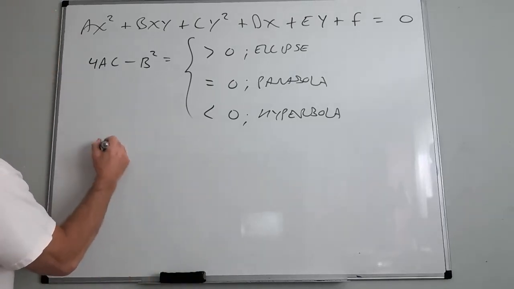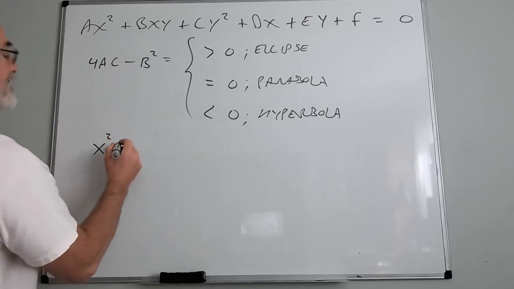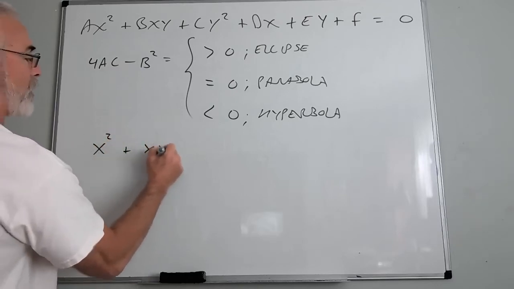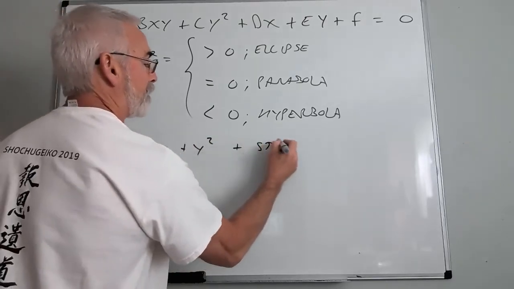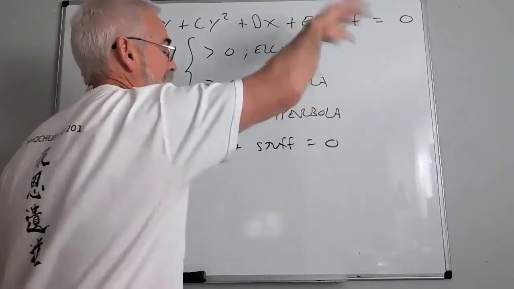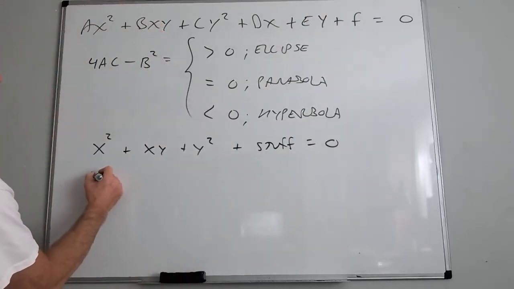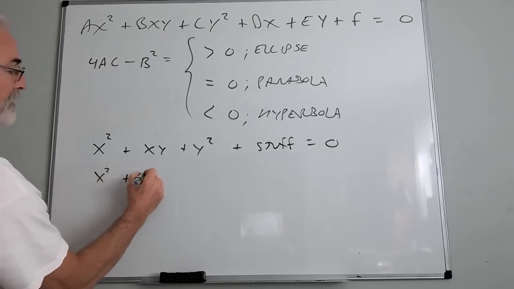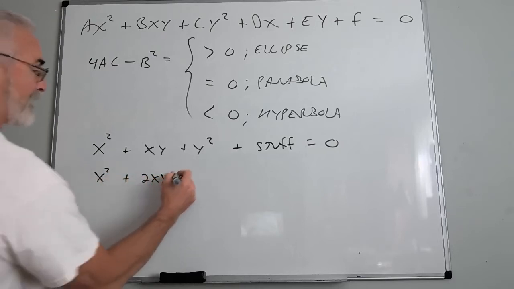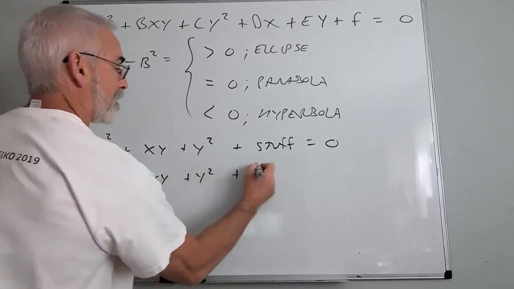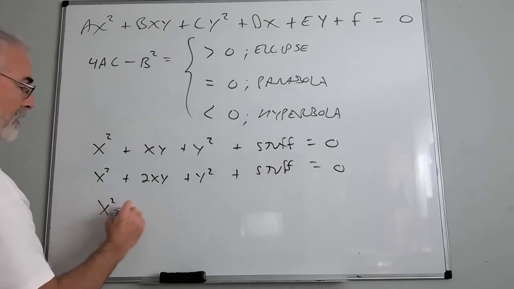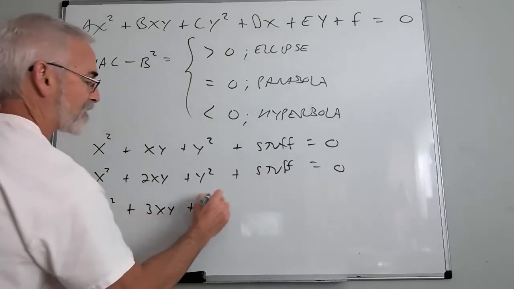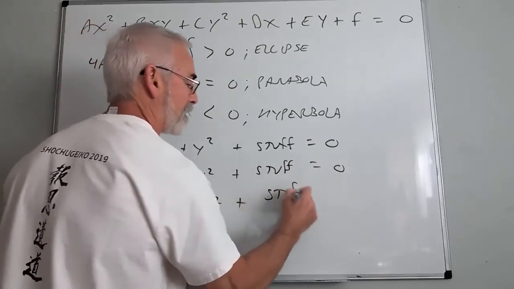That'll make it easier on all of us. 2x squared plus xy plus y squared plus stuff equals 0, because it doesn't matter what the stuff is. Okay, that would be 1. Okay, x squared plus 2xy plus y squared plus the same stuff, and x squared plus 3xy plus y squared plus the same stuff.